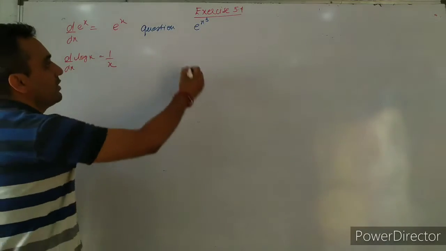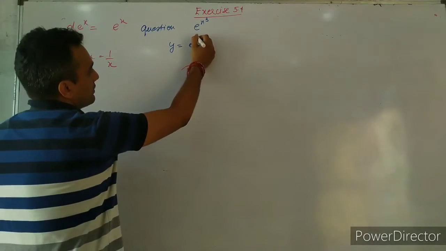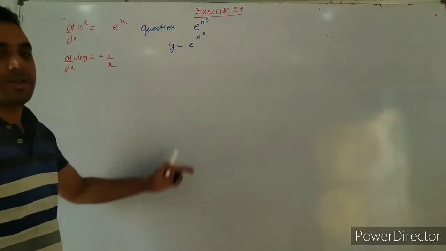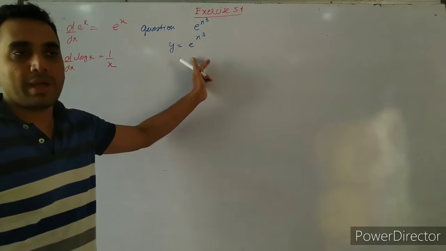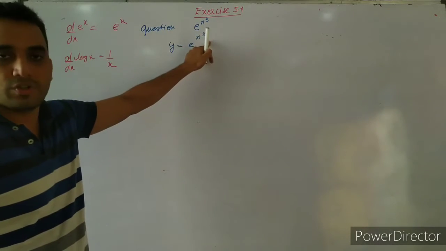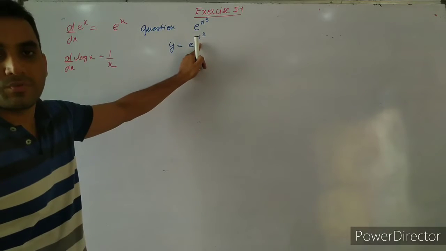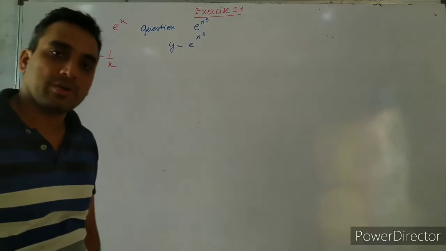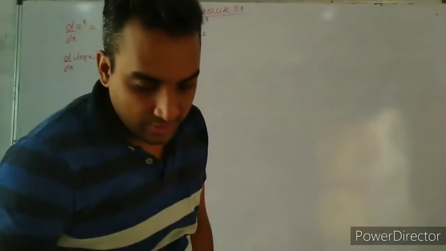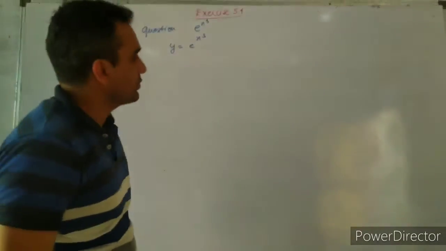So I will write it as y equals e to the power x cube, and then differentiating with respect to x will give me e to the power x cube as it is, and differential of x cube is going to give me 3x square. So you can do this by yourself. Now moving towards question number 4.